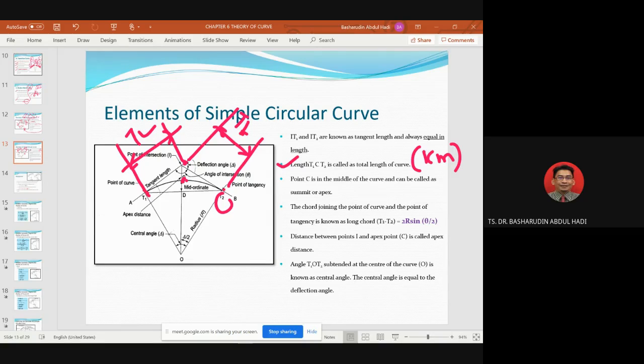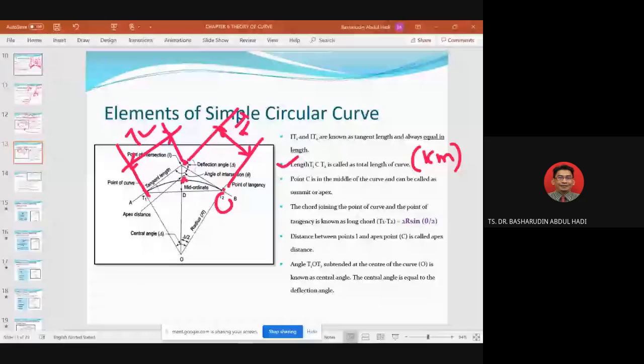So we must calculate the distance T1 to C, C to T2 to know exactly the curve of your road line. Normally, after the road is finished, we call it in kilometers.